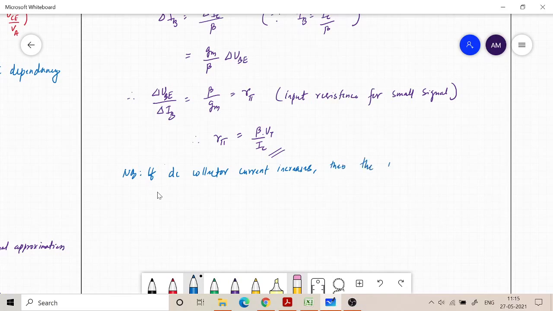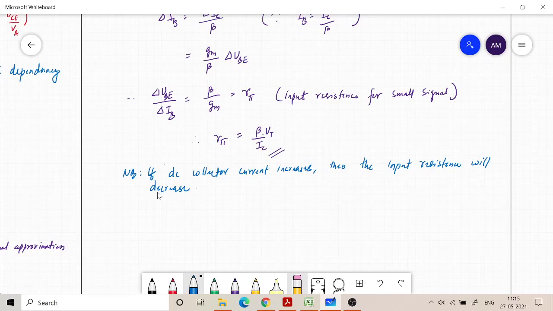The input resistance will decrease. Because here IC is in the denominator, so if IC goes up, r pi goes down.